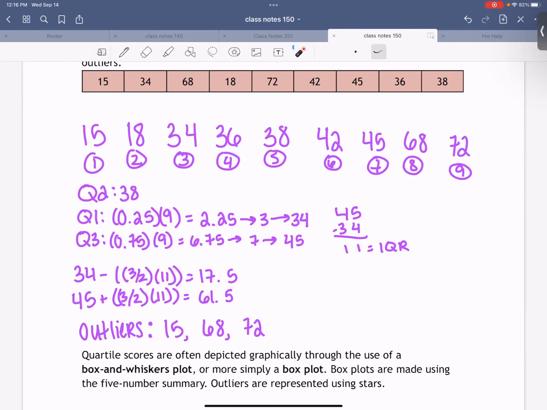Jules. I don't know if that's the maximum, but for the Q1 I got 20.25. You got 20.25 when you multiplied? No, not that one. The one below it, the IQR. Oh, this one. You got 20.25. Let me see your paper.